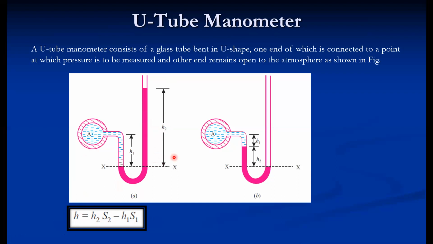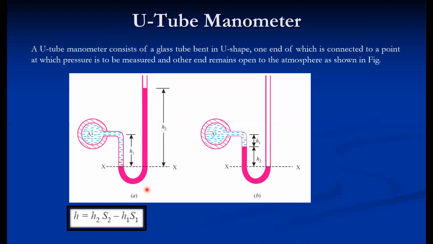And if this S1 is negligible, for example, if it is lighter than S2, or the manometric fluid is denser than the flowing fluid, then we can neglect this particular term. Or if it is a gas there, then S1 is negligible, almost 10 to the minus 3.